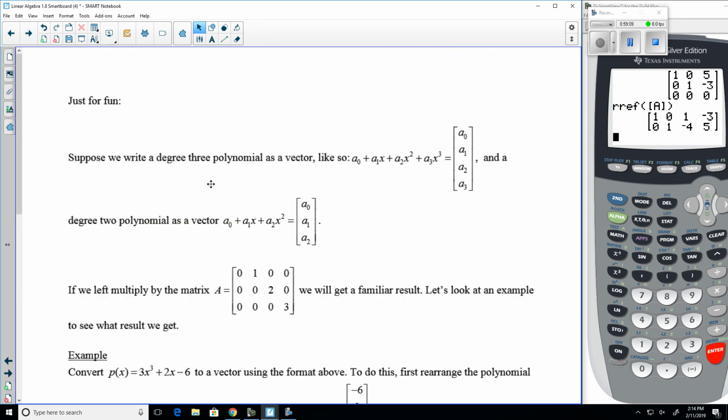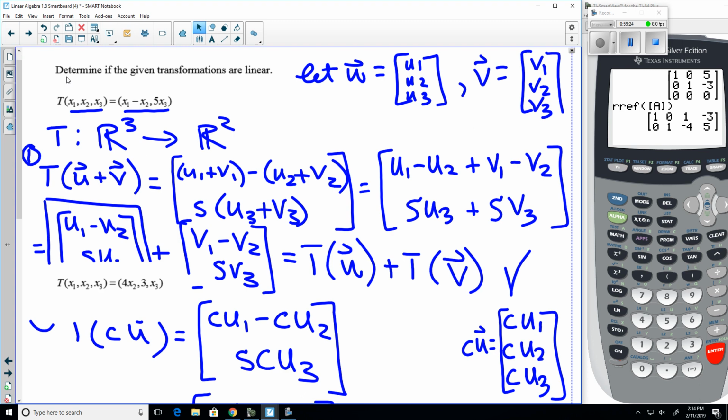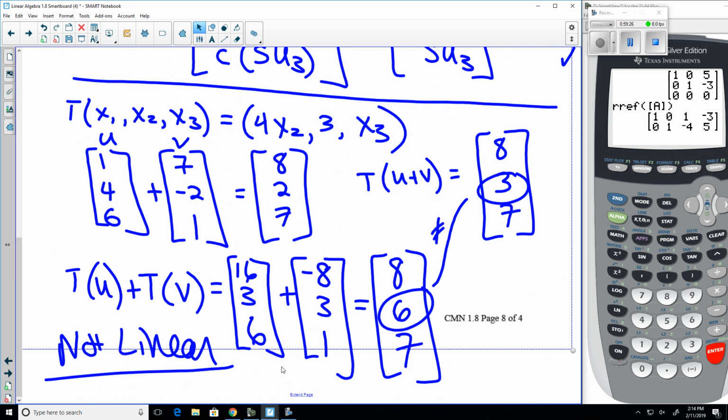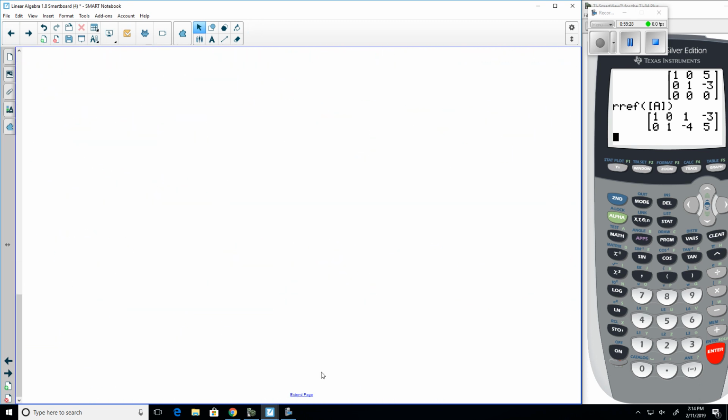Just because it passes one test doesn't necessarily mean it'll pass the other. Right, you have to do both. Yes. There is a way to do them both at the same time, though. You can do them both at the same time if you just check this condition.